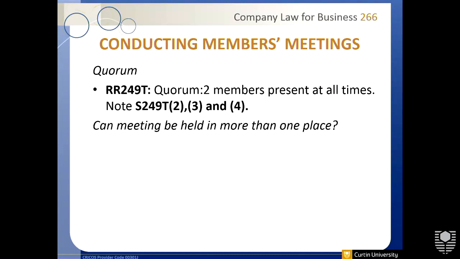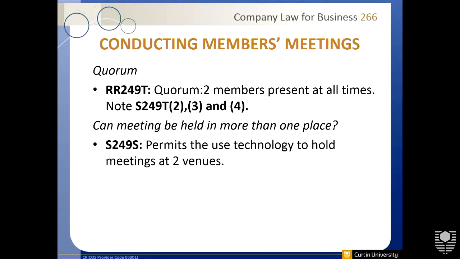So they actually allowed technology to be used for attendance of meetings. So you do not need physical attendance. You can use technology. So you can use WhatsApp, you can use Skype, you can use whatever you want. All right, you can be present there. They can project you in. The next time when the technology improves, you can also be there like in an image. All right, a hologram being present there. You never know. So that's section 249S.